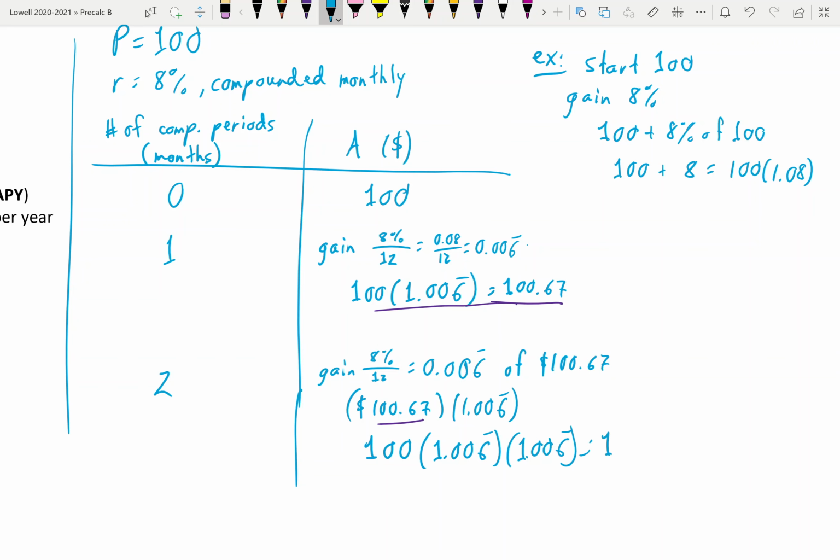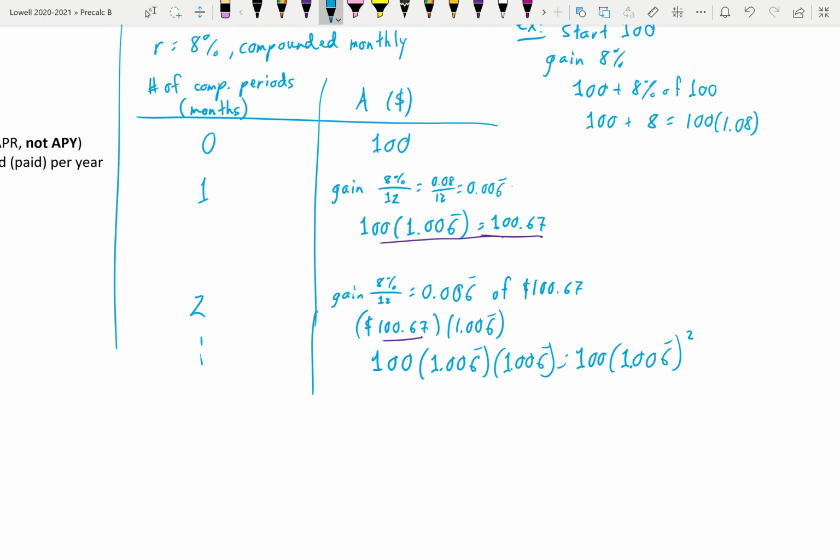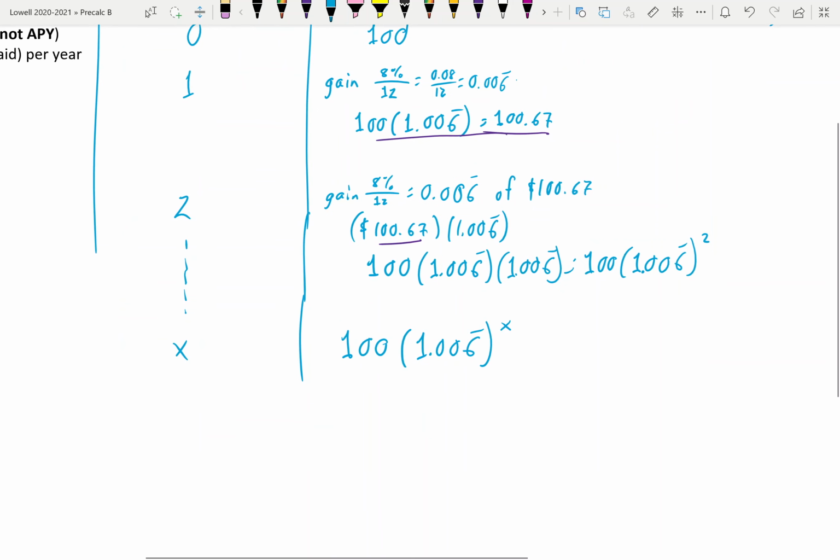That's really just 100 times 1.006 squared. Right. Now I think we can see that this is actually just an exponential function. And so if the number of compounding periods is whatever it is, I'm just going to call it x, then the amount I would have is just 100 times whatever that multiplier is to the x power. Okay, remember, x is really just the number of compounding periods.